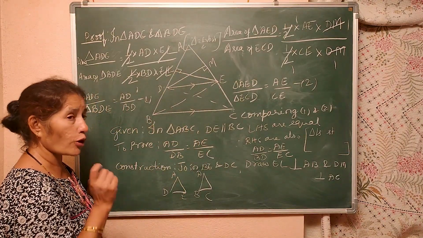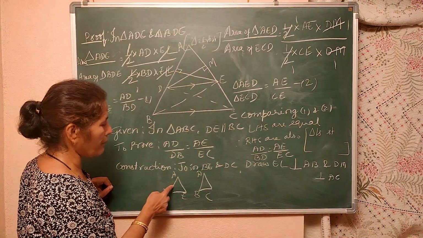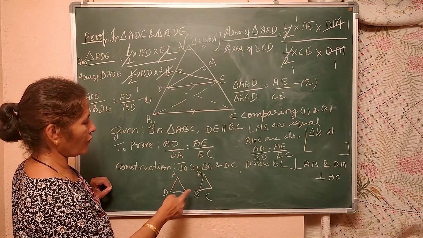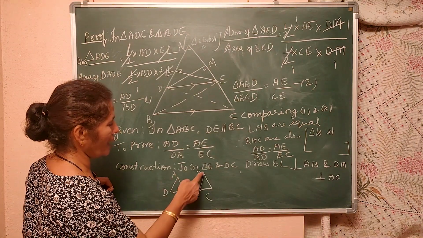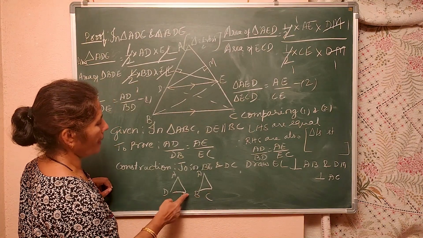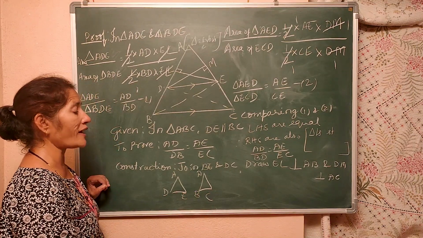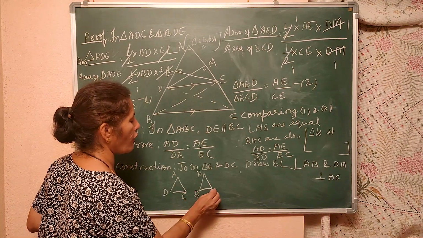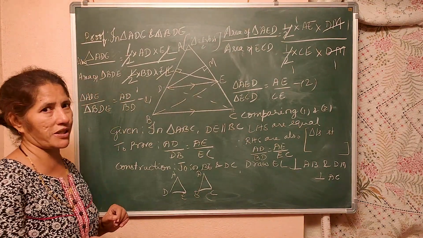Then what does the corollary say? AD by AB is equal to AE by AC is equal to DE by BC. That is what the corollary of the basic proportionality theorem says.